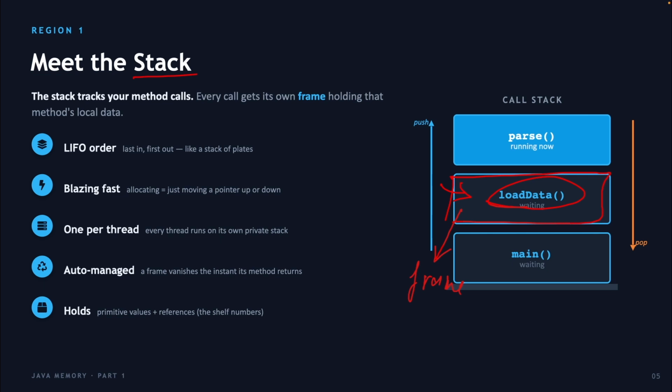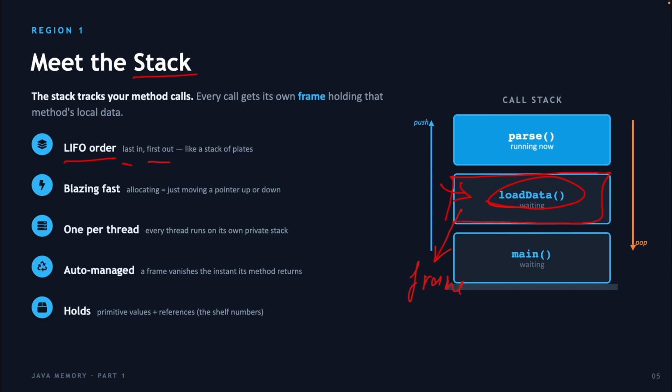There are a few important things we have to remember about the stack. First, it works in LIFO order, which means last in, first out. It is just like a stack of plates. The last plate you put on top is the first plate you take off.